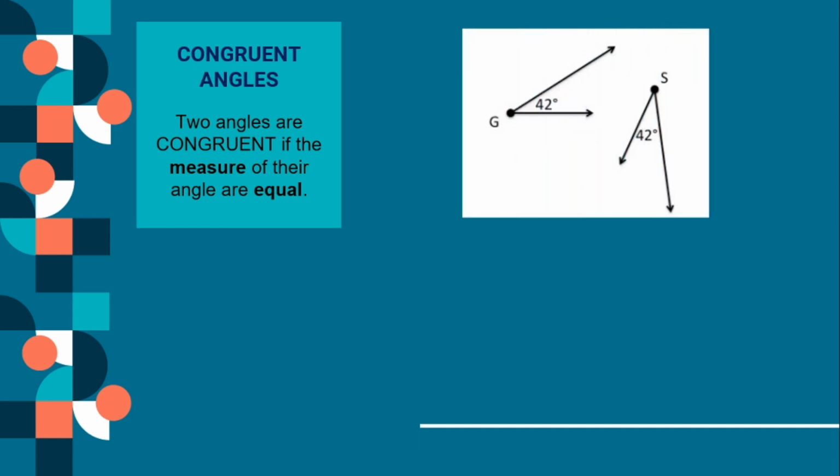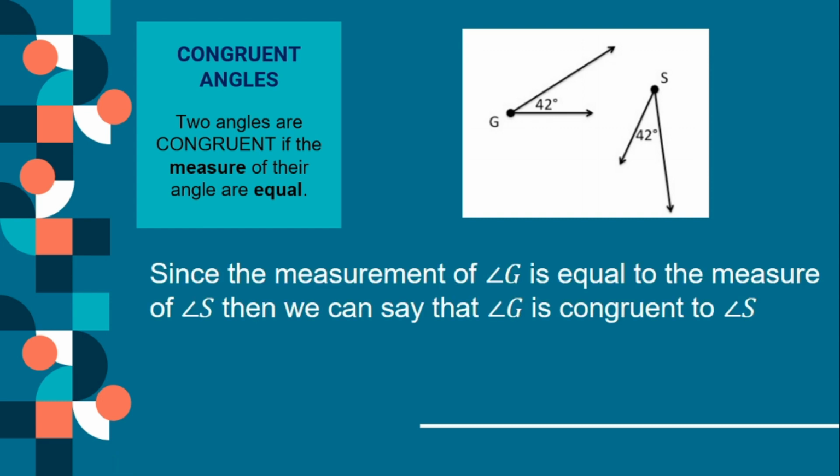I have here angle G, which is equal to 42 degrees, and angle S is equal to 42 degrees also. So, equal yung kanilang measurement. Therefore, since the measure of angle G is equal to the measure of angle S, then we can say that angle G is congruent to angle S.